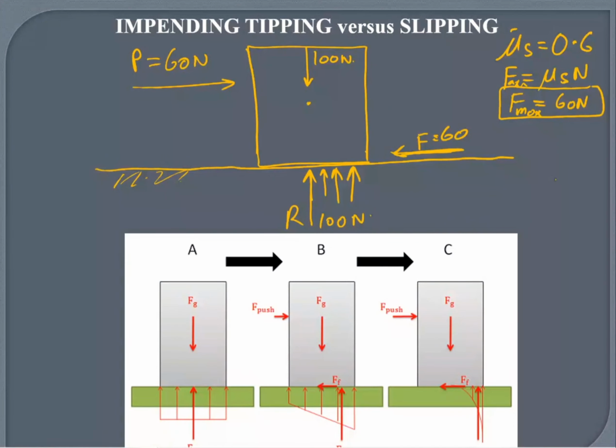So at the moment of sliding, one thing is clear, that the value of my P or my friction would be equal to mu Sn. You agree with this? At the moment of movement, my P, which is equal to F, will be equal to mu Sn. Do you agree? Yes, sir. That's one condition.